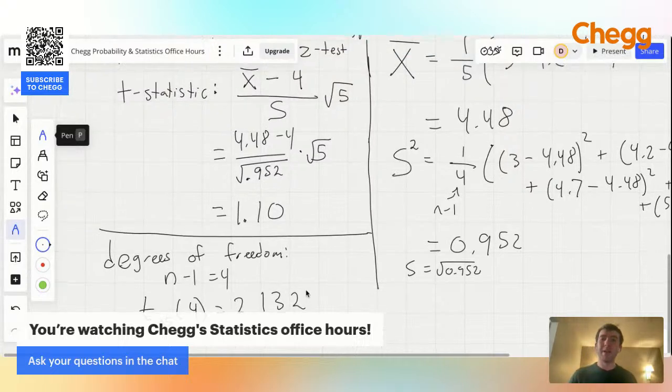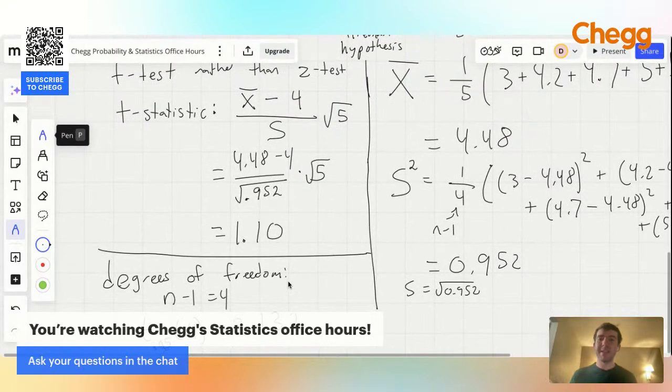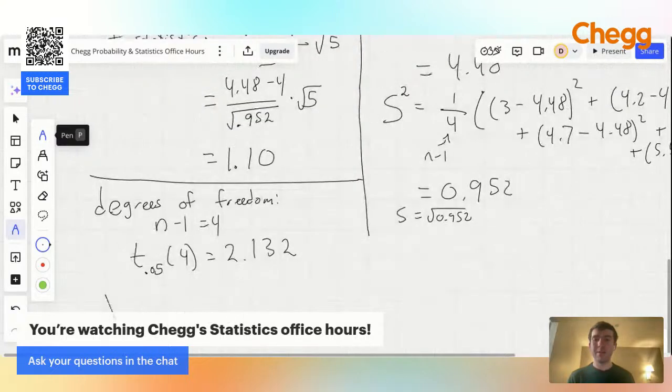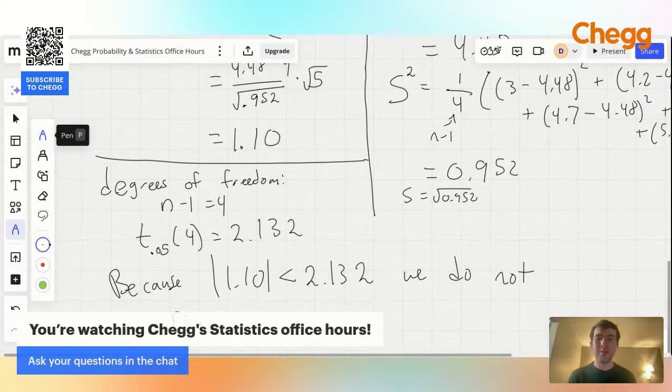Okay, so that means that because our t-statistic is less than this value, in absolute value, we're not going to reject the null hypothesis. We do not reject the null.